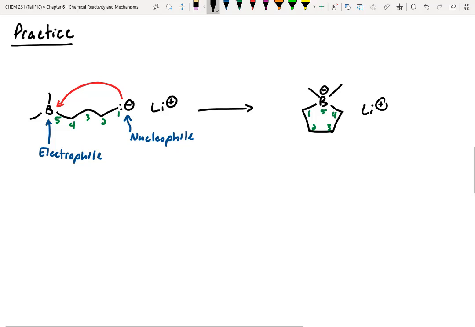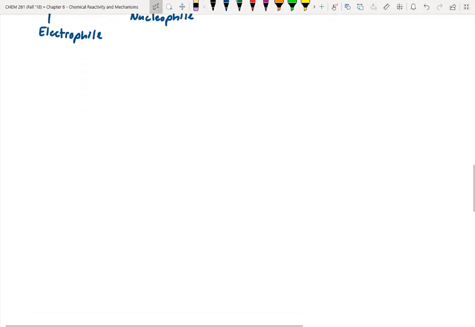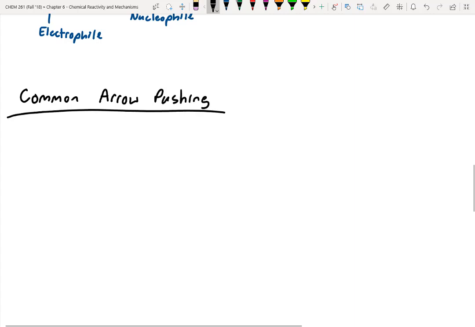All right, let's take a look at some common arrow pushing. All right, the first one is pretty easy. That's proton transfer. And we've seen this a fair amount already, so I'm just going to kind of breeze through this one.